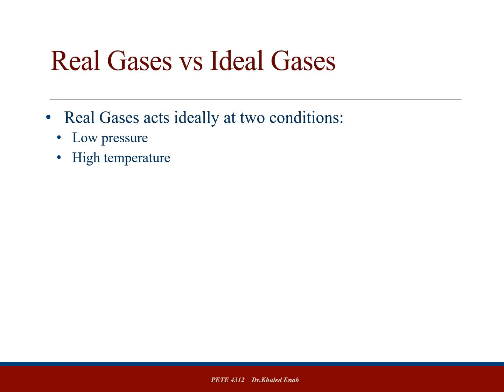But we know that in most real-life cases, we do not deal with an ideal gas. It's very much an ideal that doesn't happen. So in this part, we'll start to learn how we can make changes to the ideal gas equation to fit the real gas. Real gases act ideally under two conditions: low pressure and high temperature.